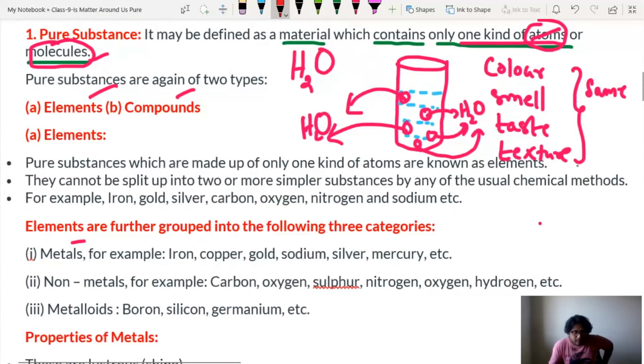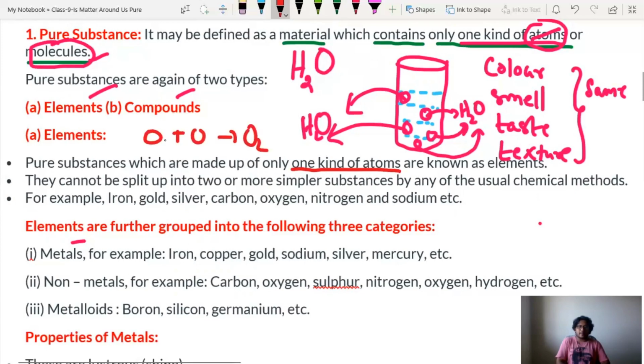Now let us see what is meant by element and what is meant by compounds. Elements are pure substances which are made up of only one kind of atoms. I told you earlier, oxygen plus oxygen gives rise to O2.